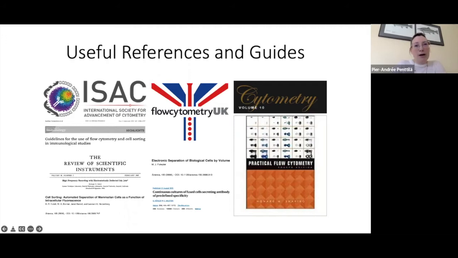We also have the International Society for the Advancement of Cytometry and Flow Cytometry UK, two very excellent resources for everything related to flow cytometry. And if you're interested in going down the flow cytometry rabbit hole, things like Practical Flow Cytometry by Howard Shapiro, and also volume 10 of Cytometry by John Paul Robinson give a very, very good overview of the history of cytometry.